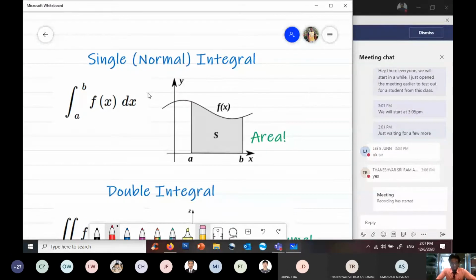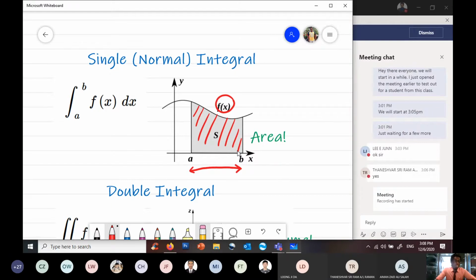Usually, when we integrate something, we would have a function f(x), of course, and an interval from a until b. You have a function f(x), and underneath your function there's an interval. When you integrate, you are getting the area under the graph. It's not a new concept, you know this.